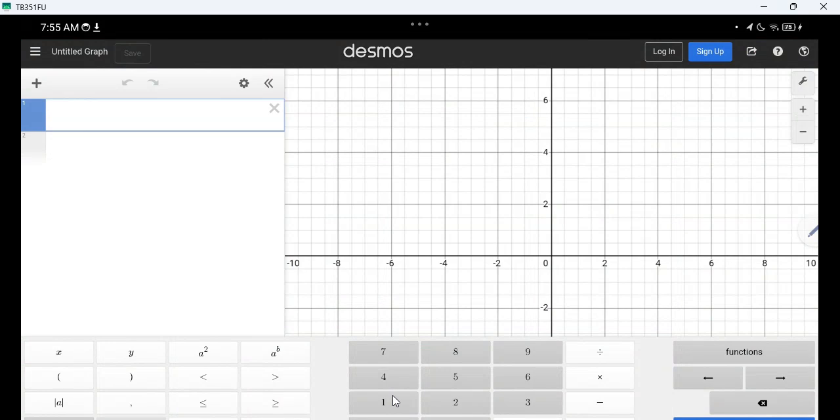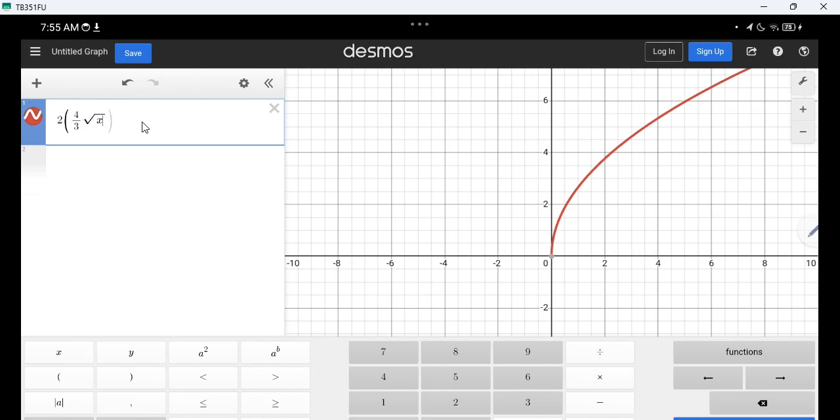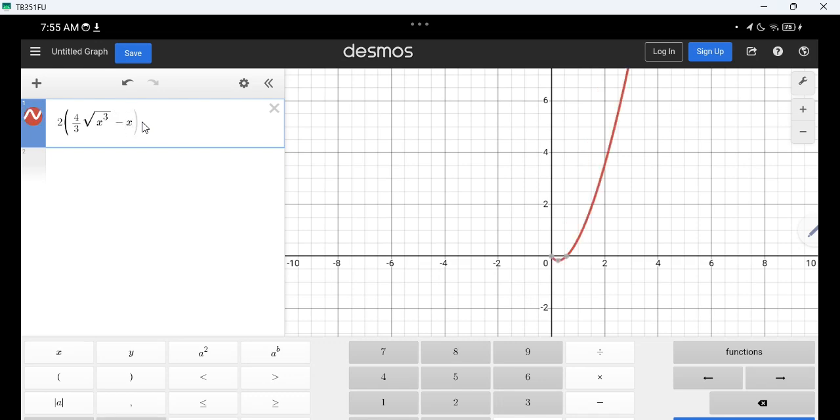So here's what I'm going to do. I've got 2 times the quantity 4/3 square root of x, but cubed, minus x cubed over 12.